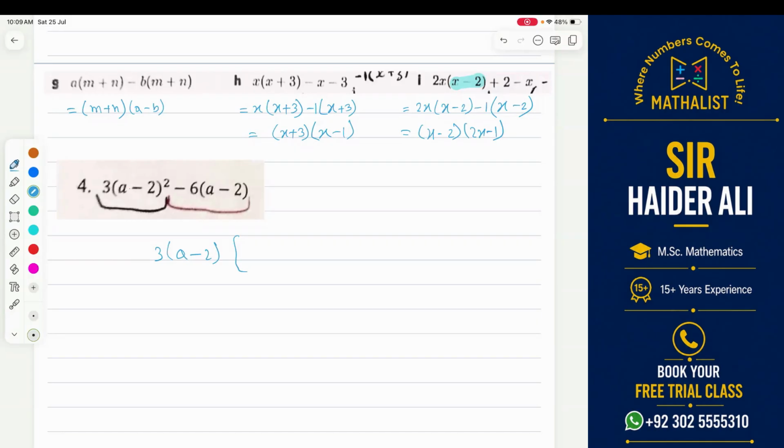So in the first term, 3 common and a minus 2 common, so only one a minus 2 left. And here we take the 1 power common and also 3 multiplied to 6, 3 common and minus 2 left. And this one is the answer. Okay, it's clear.